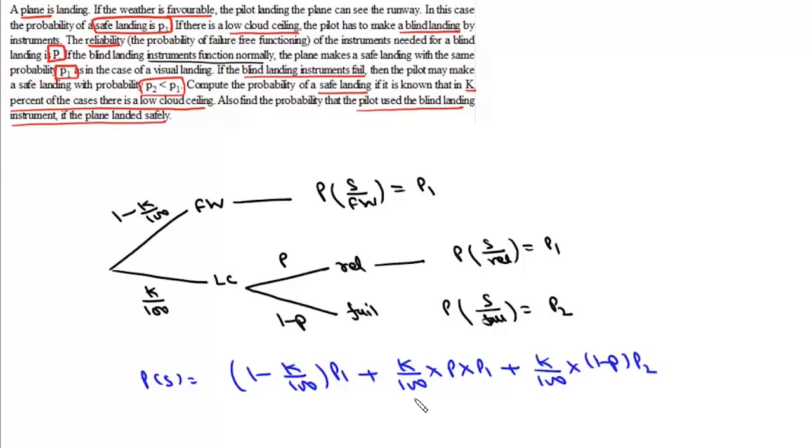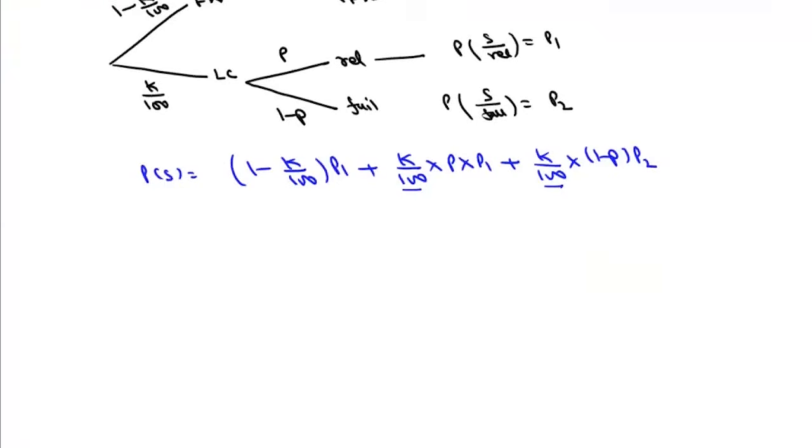So here we can take K by 100 common. So we can write the probability of safe landing as (1 minus K by 100) into P1 plus K by 100 into [P into P1 plus (1 minus P) into P2].